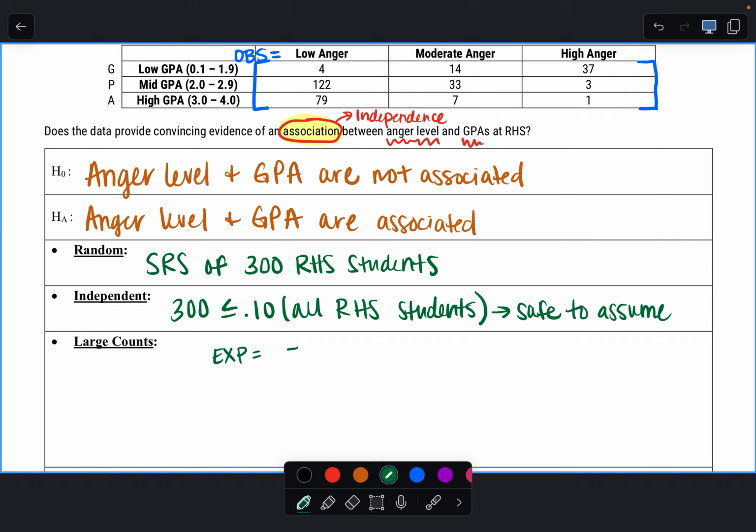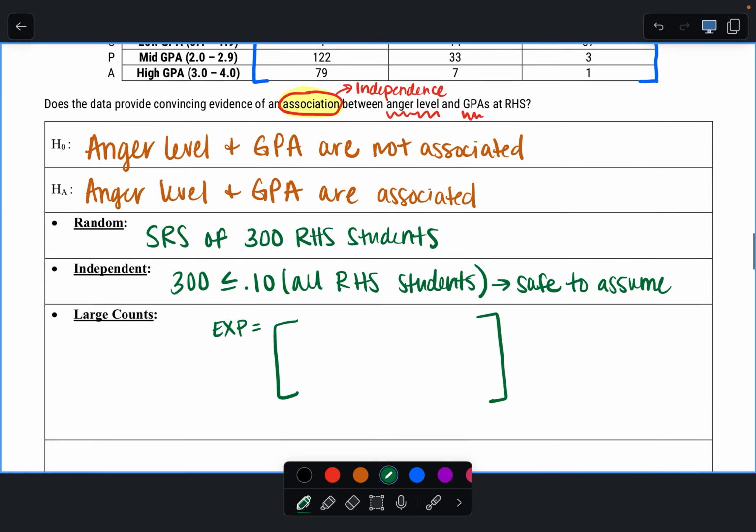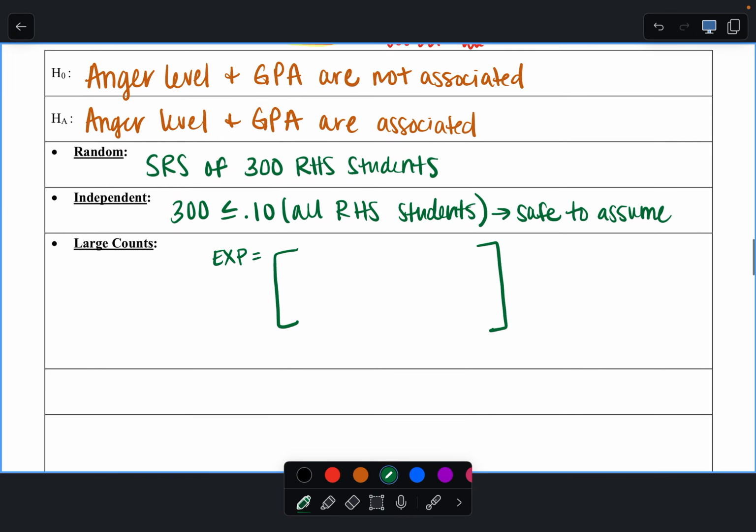To do that by hand, I would have to take row total times column total over table total. So instead I'm going to put this data into my calculator, run the test, and then come back and fill in expected values. If I were you, I would either leave a blank or write an empty matrix so that you don't forget to come back, because that is one of the big mistakes people make. They keep going because they don't want to calculate those, but they don't go back and actually write them down.